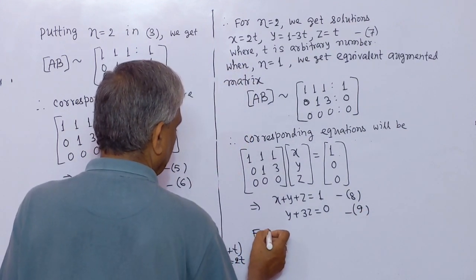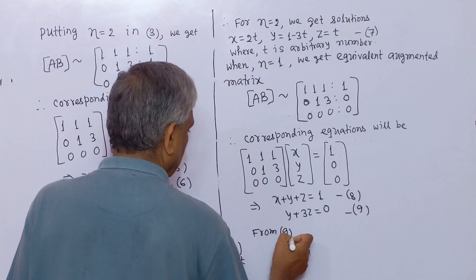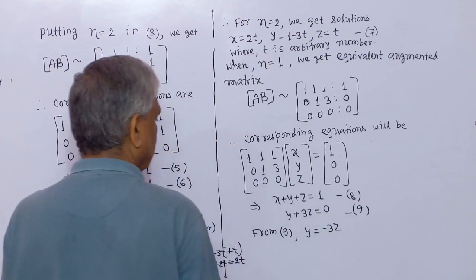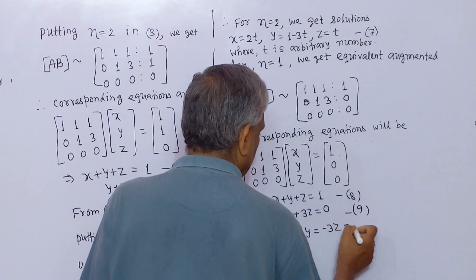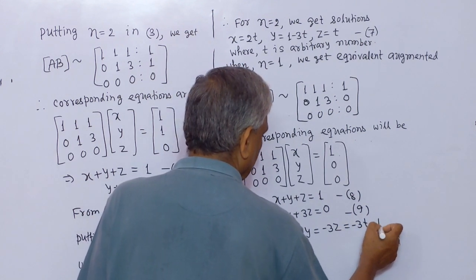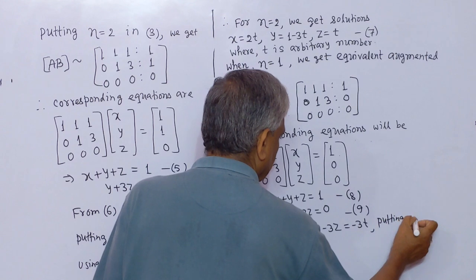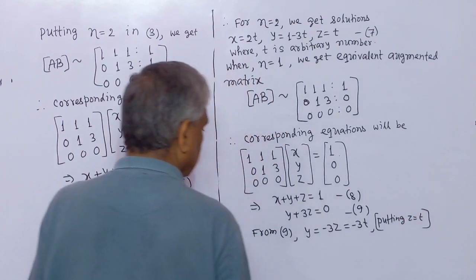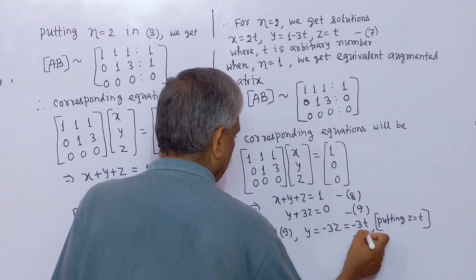From 9, y equal to minus 3z, equal to minus 3, in place of z we write t, putting z equal to t, an arbitrary number. This is number 10.